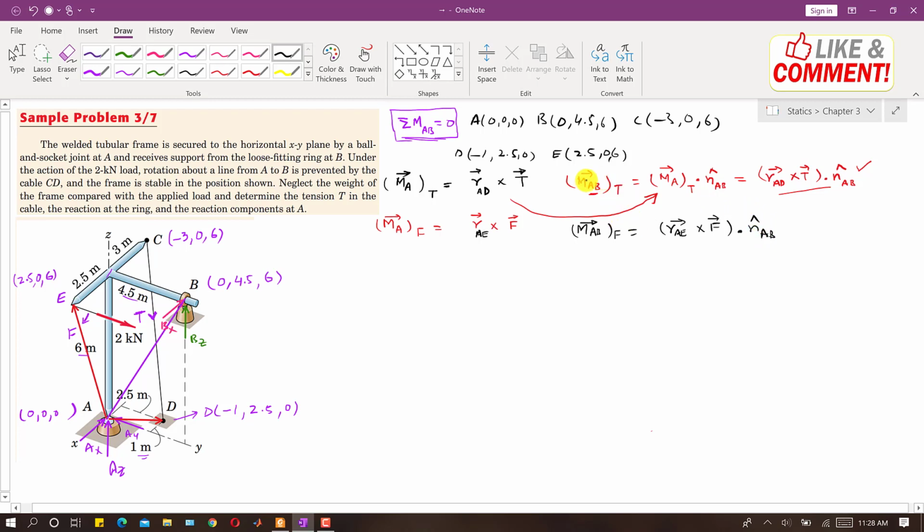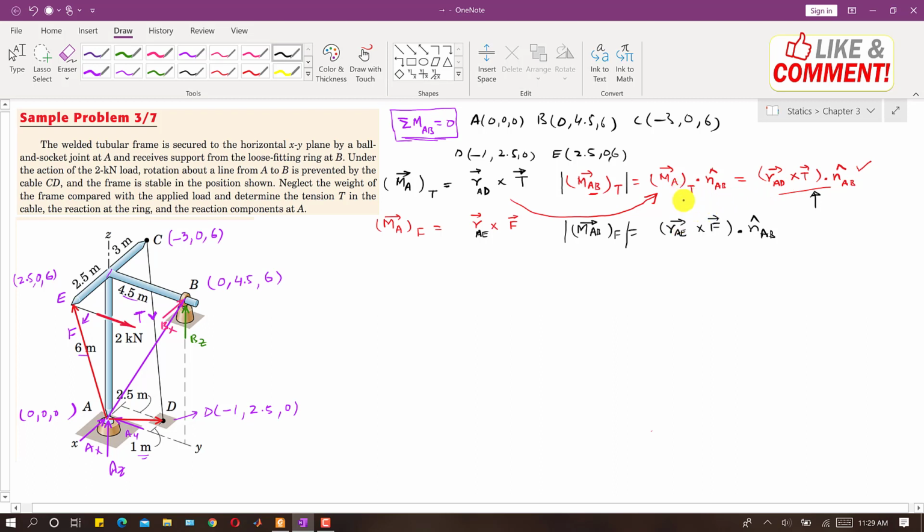And remember that this is not a vector. We have discussed this is the scalar triple product, so this always gives us a scalar quantity, a magnitude.